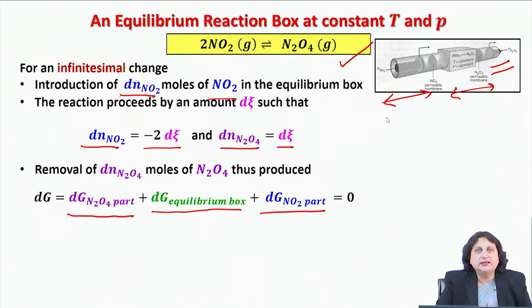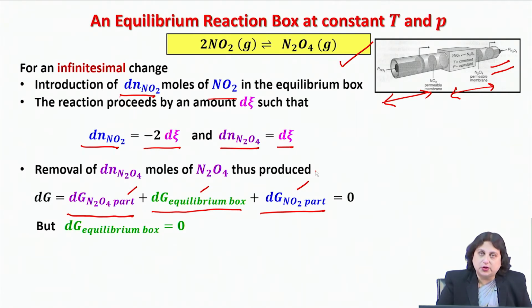Now, as you understand, if the system is still at equilibrium, then the overall change in Gibbs free energy at this given temperature and pressure must be equal to 0. And therefore, a sum of these three quantities must be equal to 0. But I already understand that within the equilibrium box, there is no change in temperature, there is no change in pressure.